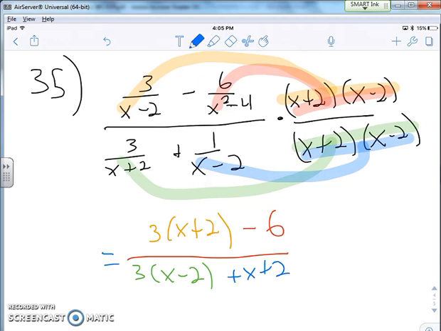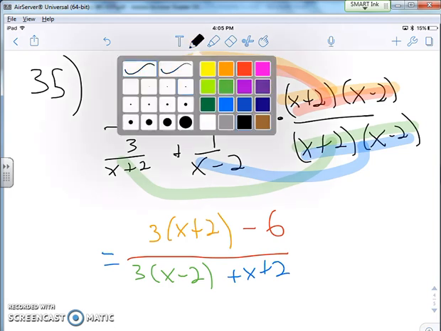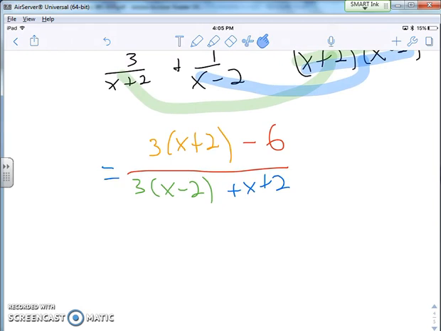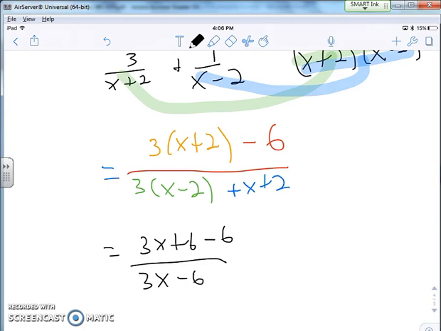So now we need to simplify. We're going to get 3x plus 6 minus 6 over 3x minus 6 plus x plus 2.